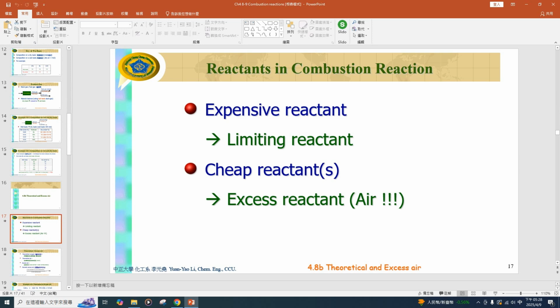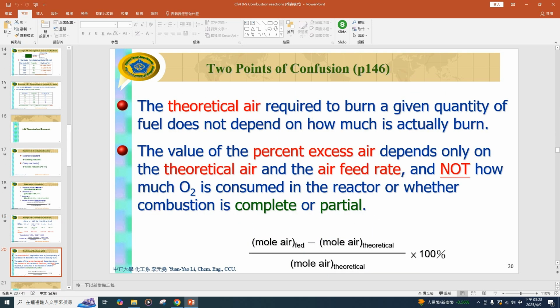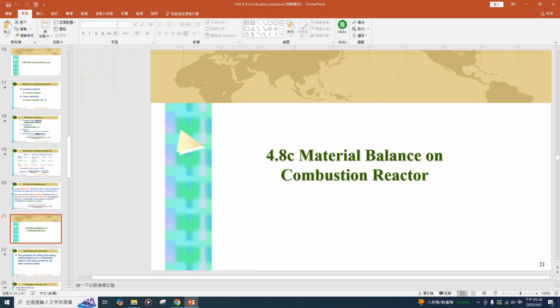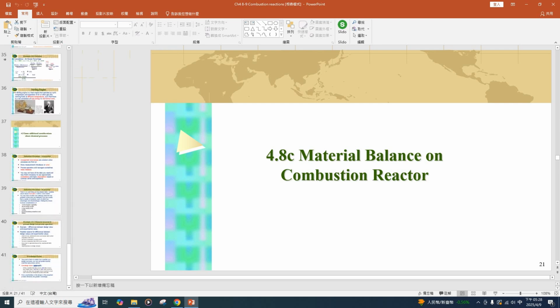And the cheap reactant, which is the excess reactant, in this case for a combustion reaction, is air. Okay? Right, and I think I will stop here today then. I think that's it.